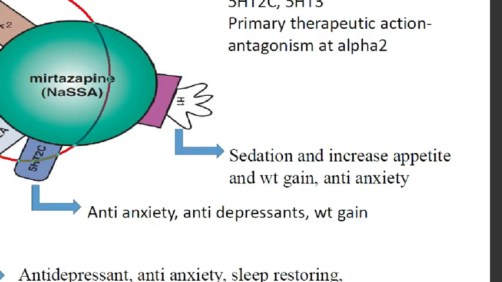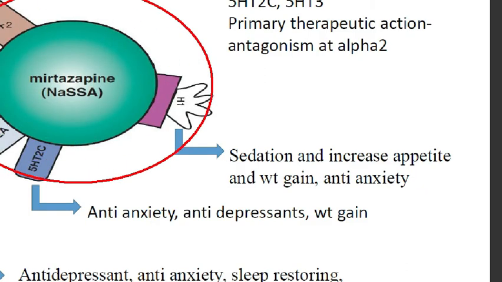This is the icon of mirtazapine, which shows mirtazapine acts on the histamine H1, 5-HT2C receptors, 5-HT2A receptors, 5-HT3 receptors, and alpha-2 receptors. But remember, mirtazapine does not directly act on the 5-HT1A receptors.